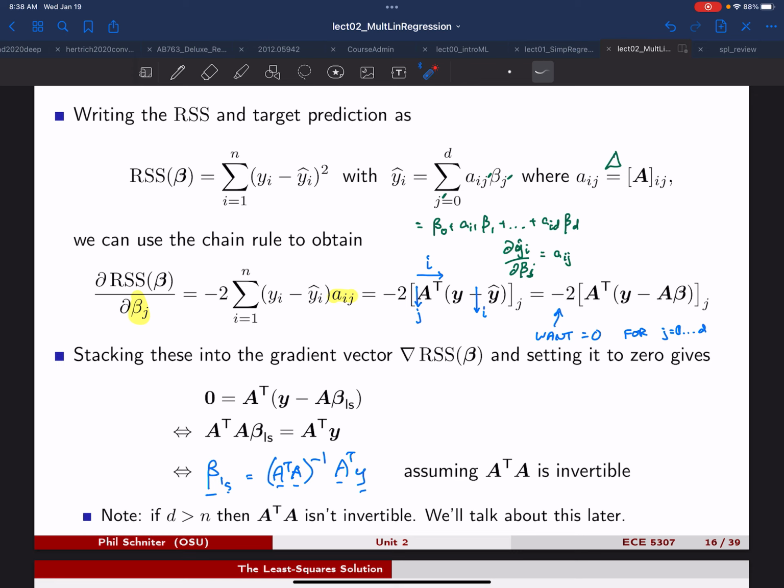It's not invertible. We're going to assume that it is invertible just to be simple for now, but we will talk about lack of invertibility later, where this could arise and how to deal with it. For now, we'll assume the simple case where you have tons of data, not too many features, you can invert this matrix and you get your least squares solution.